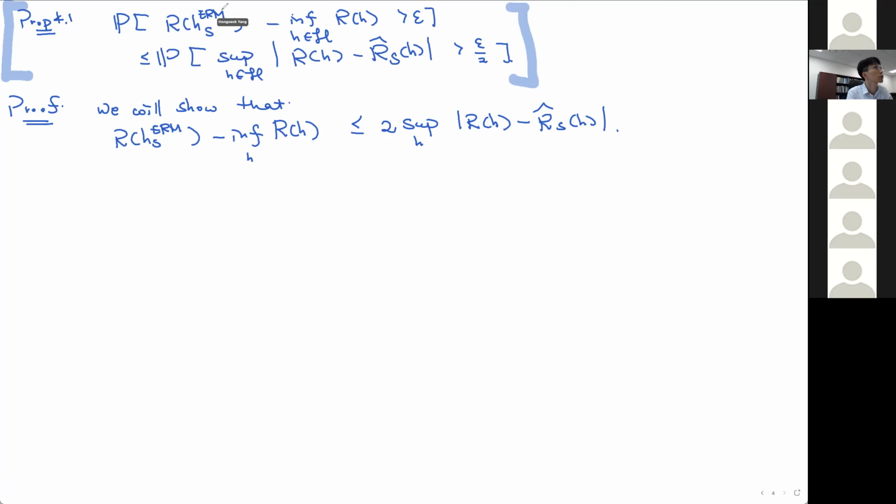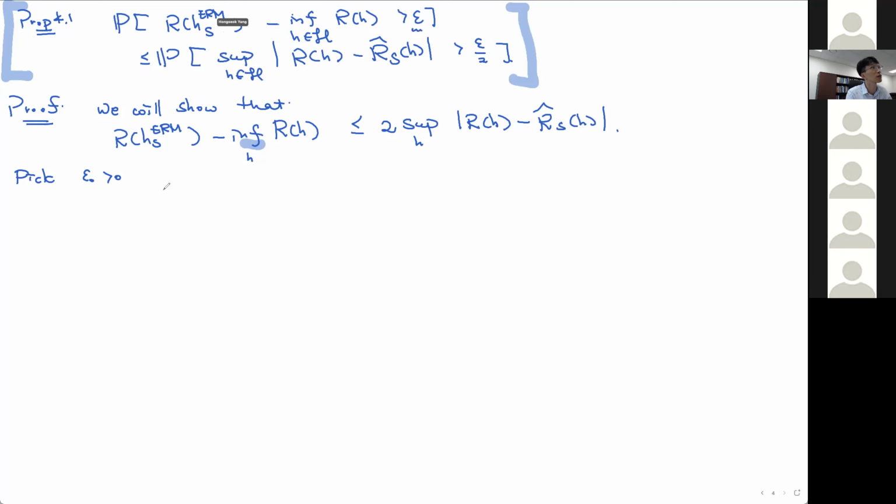So to show this, what we will do, we pick. The tricky part of the proof is there is an infimum here. And doing something directly with the infimum is not so convenient. So we're going to replace the infimum by producing some gap. So we pick epsilon 0. This epsilon 0 has nothing to do with epsilon here. Okay?